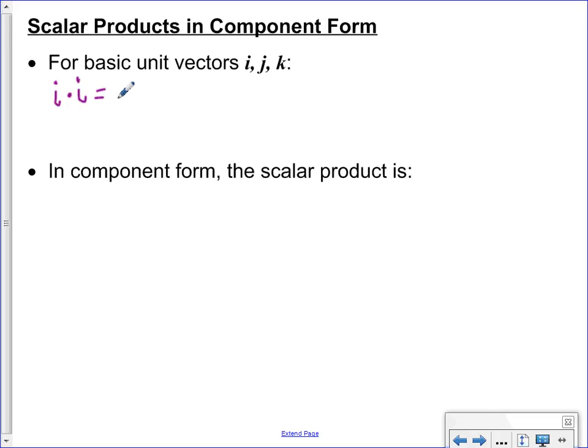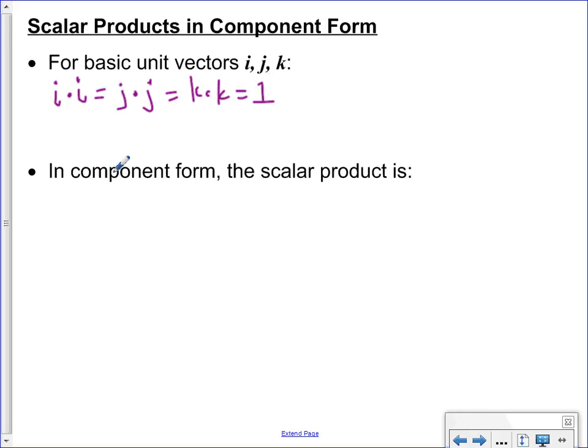Almost. 1. Because i is 1, 0, 0. When you take the multiplication of it, it's just 1. The cosine part doesn't matter. So i dot i, j dot j, and k dot k will always equal 1.